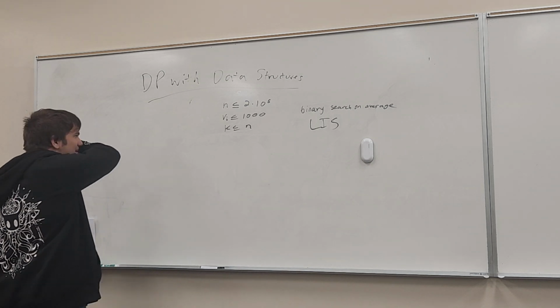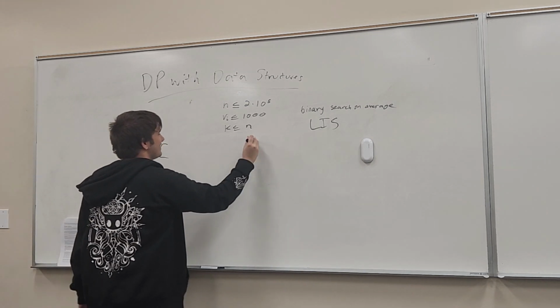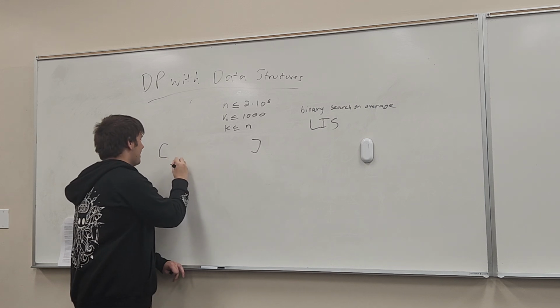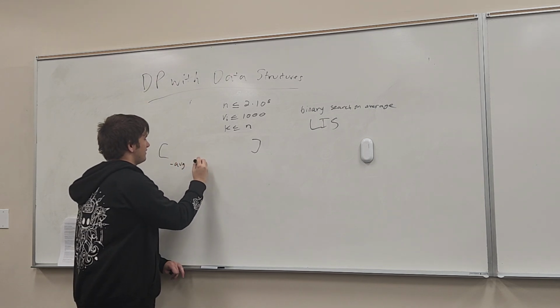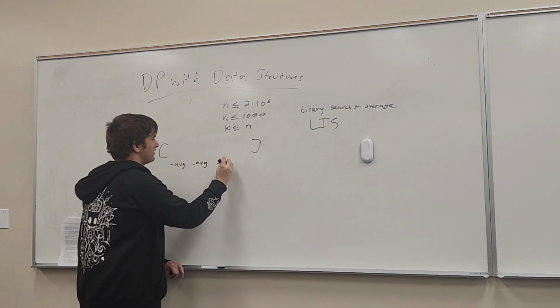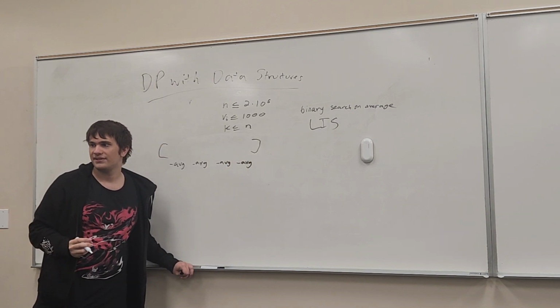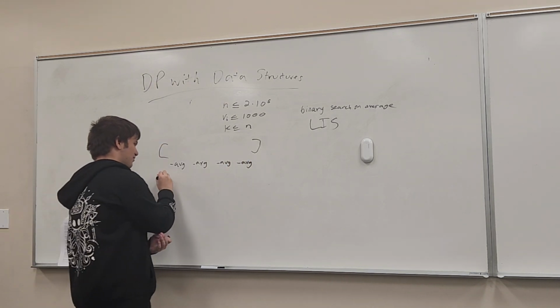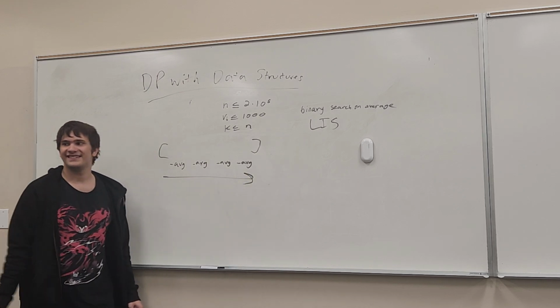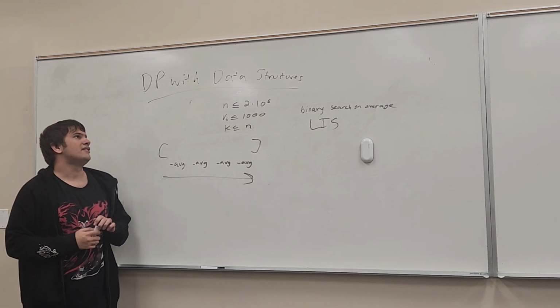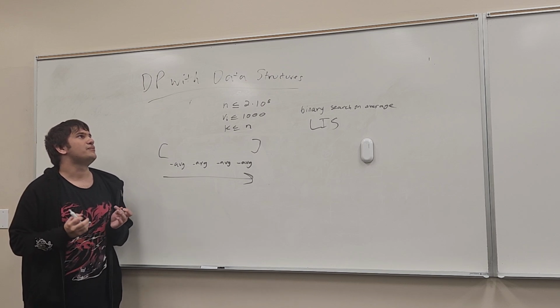So you get your array, and you subtract out the average that you're binary searching on from every single element to get its deviation from the average. Then prefix sum this array. And then you do LIS on it with some weird constraints.